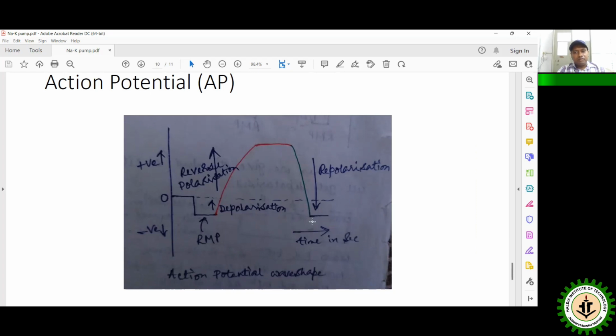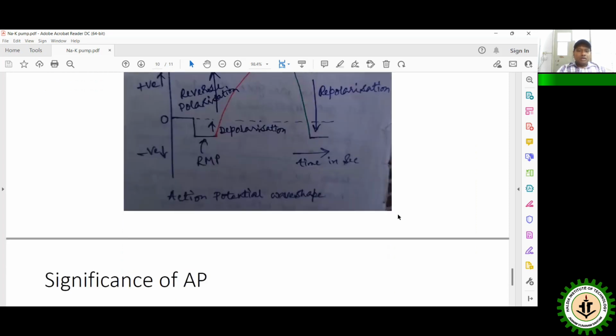As the cell is alive, it will try to get back to its natural RMP stage. This condition we call repolarization. All these actions in a single word we call the action potential, as the cell has gone through some actions and reversible conditions. That is why it is called the action potential.